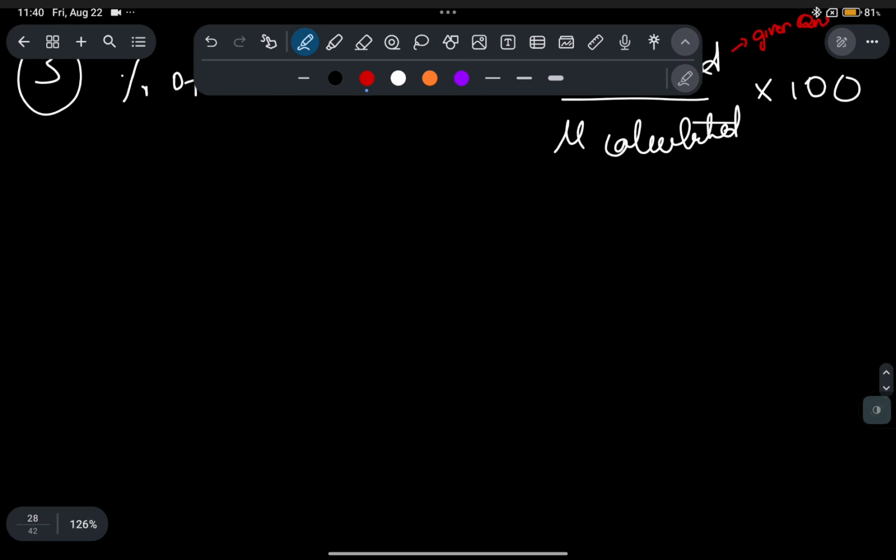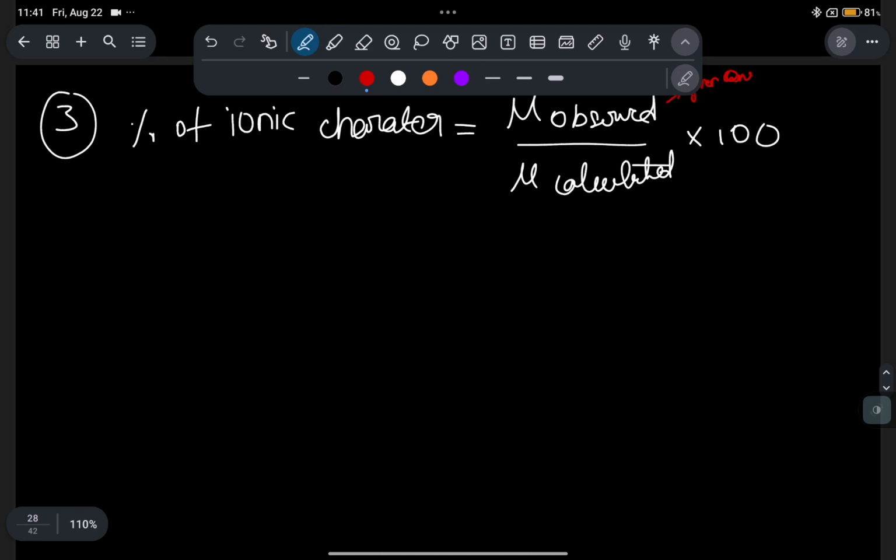Now, diatomic molecule. Up to now, the dipole moment topic has been completed.